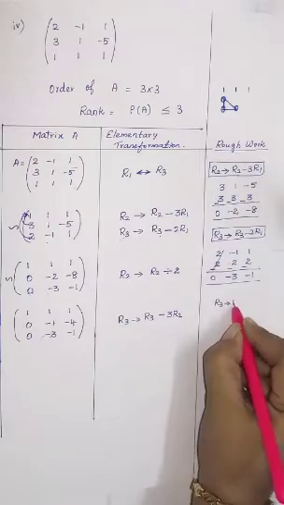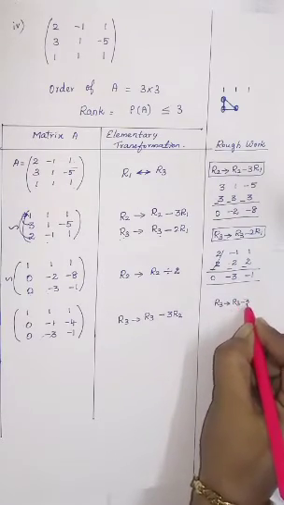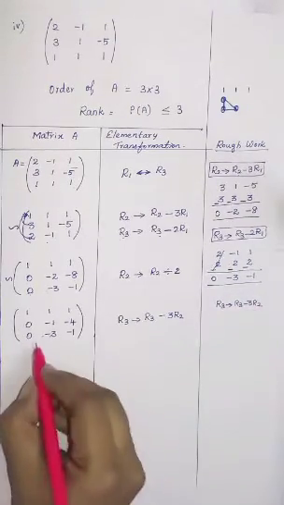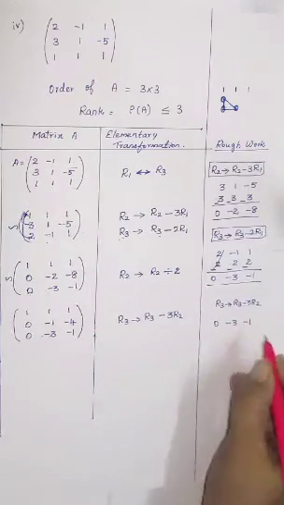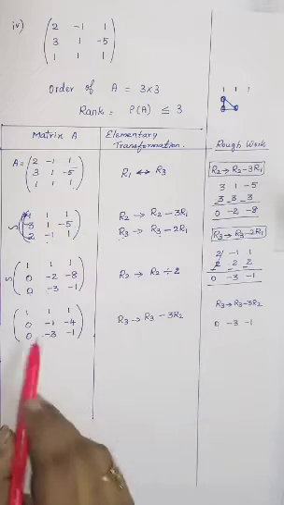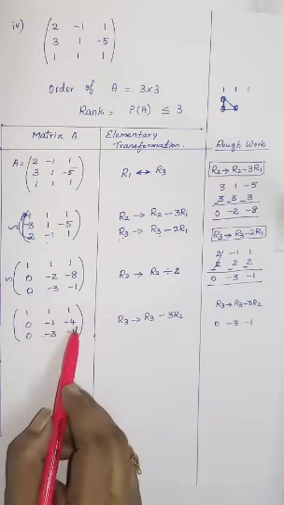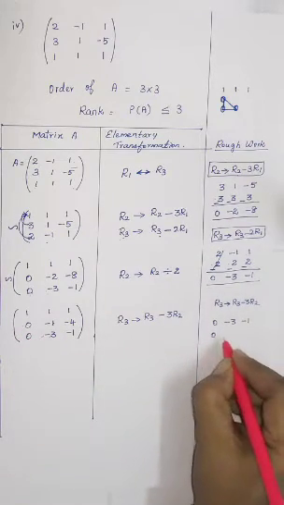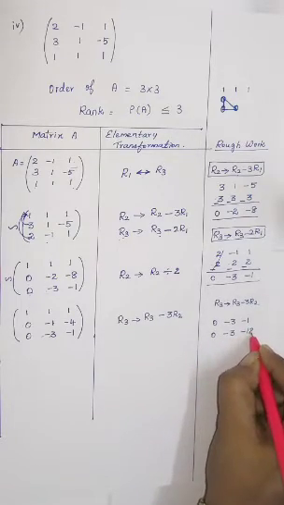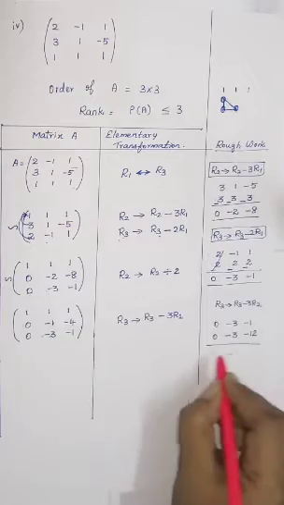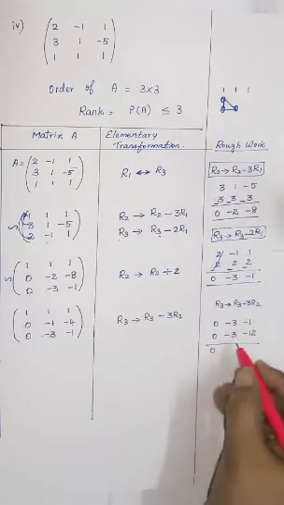R3 gives R3 minus 3R2. So write your R3 as it is: 0, minus 3, minus 1. So now R2 has to be multiplied by 3. So this row 2 has to be multiplied by 3. So 0, minus 3, minus 4, 3 4s are 12 you will get. Now 0, 0 you will have 0.